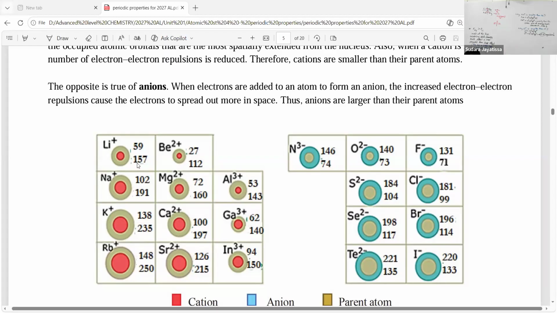Having more negative charge will help to increase the size. So they get confused and go with the wrong answer. That's why mirror descent is important.